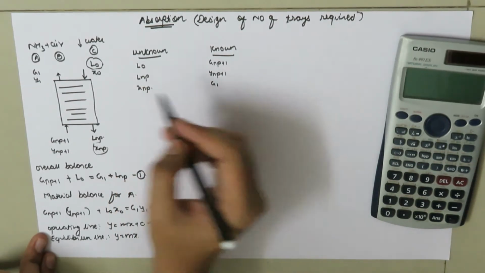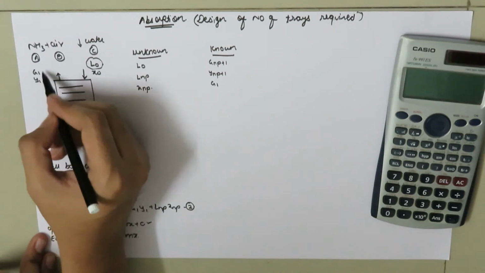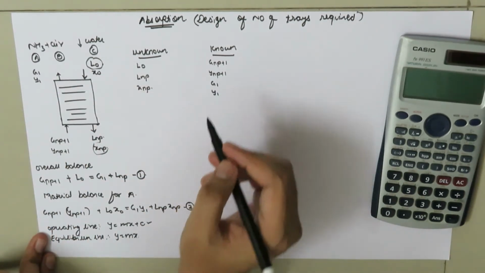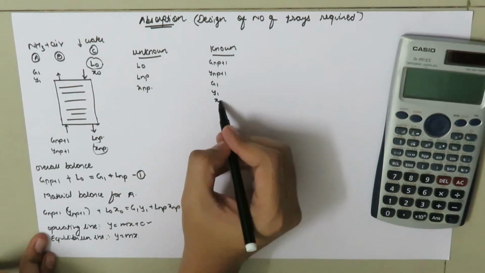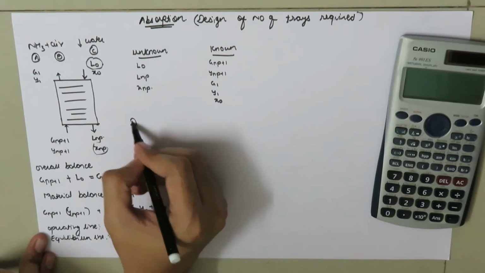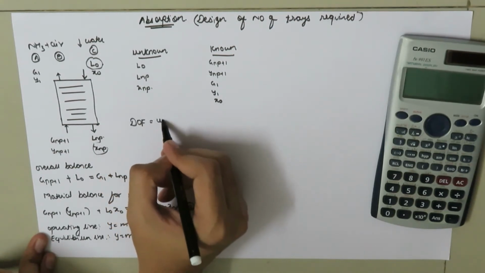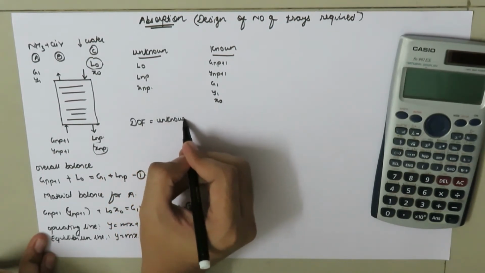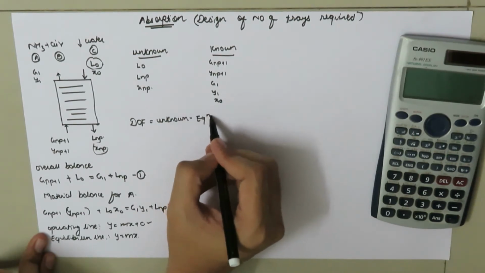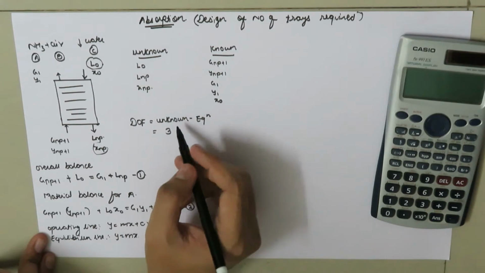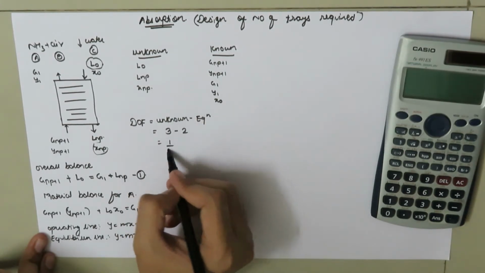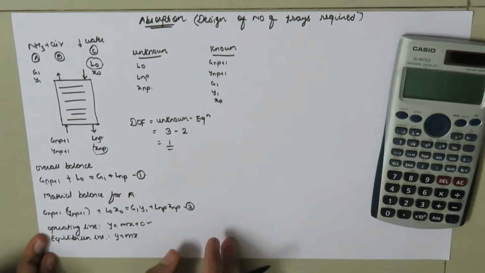We know G1, the gas flow rate leaving the tower, we know Y1, and we know X0. The degree of freedom is equal to unknowns minus the number of independent equations. The unknowns are 3 and the equations are 2, so the degree of freedom is 1, and this is unsolvable.